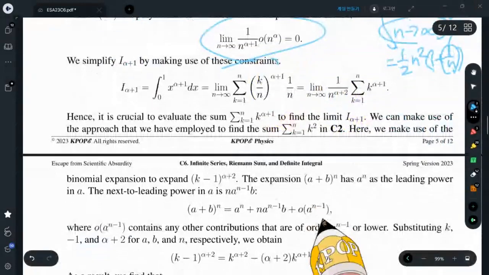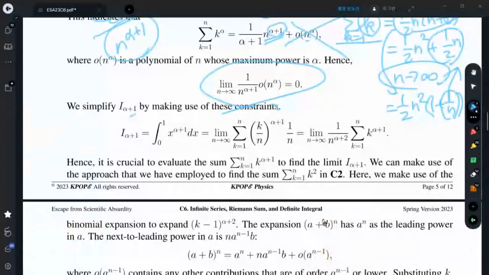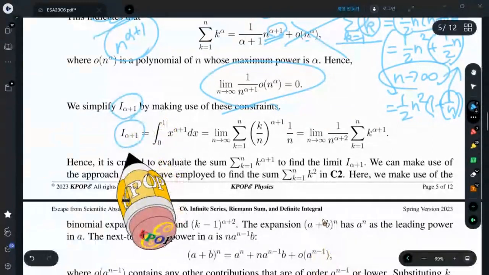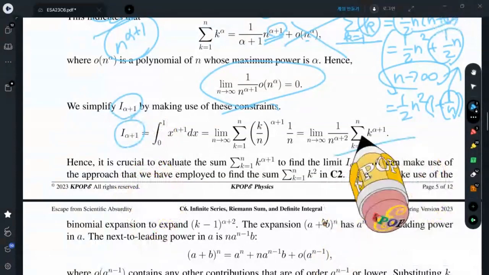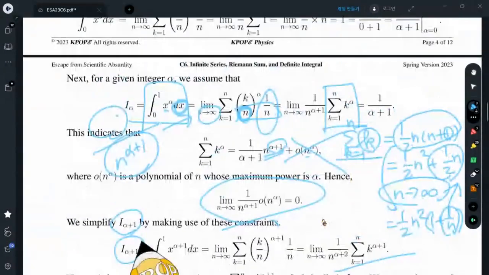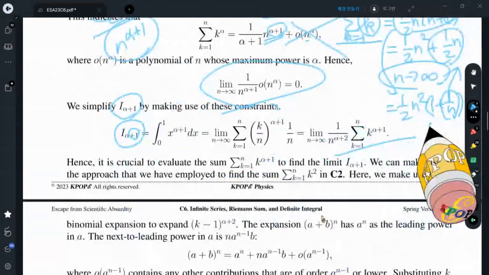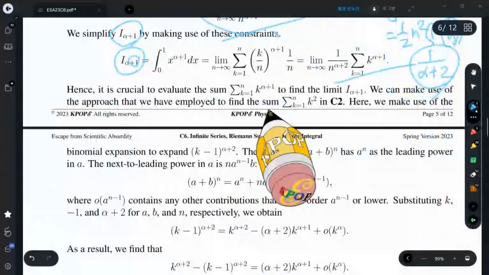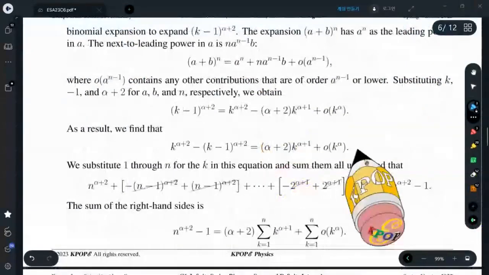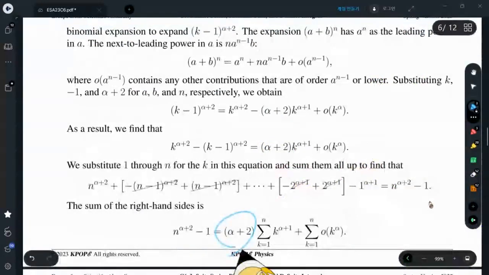Okay, so again, we can make use of mathematical induction to find what happens in the next case, and a trivial result will follow. I have shifted the power by 1, and this result is identical to that, except I replaced alpha with alpha plus 1, something like that. So what I have done here is that stupid calculation to find the coefficient of the leading contribution.